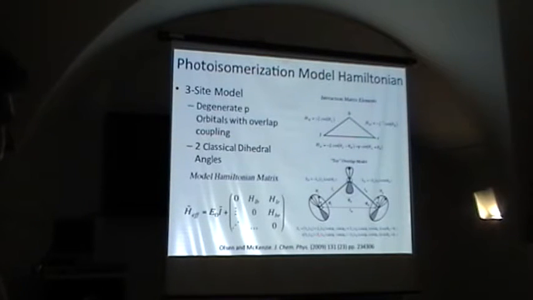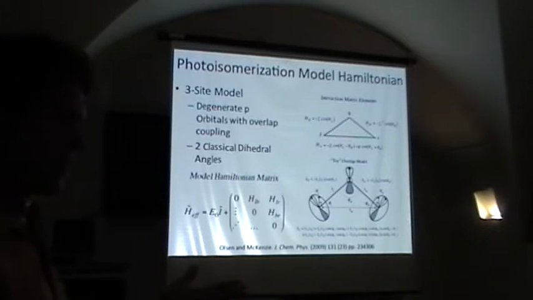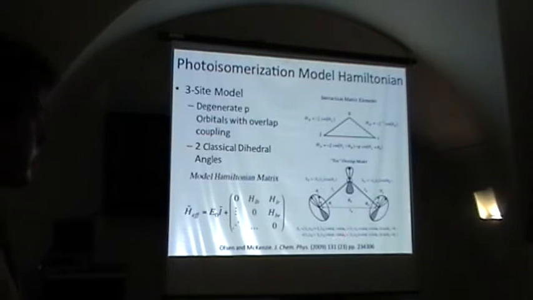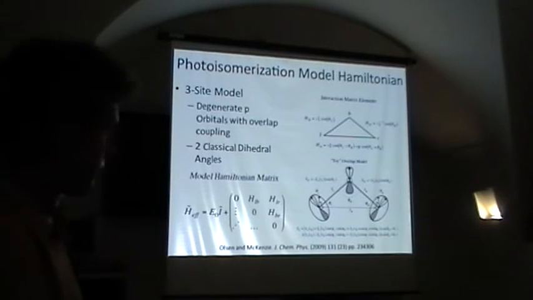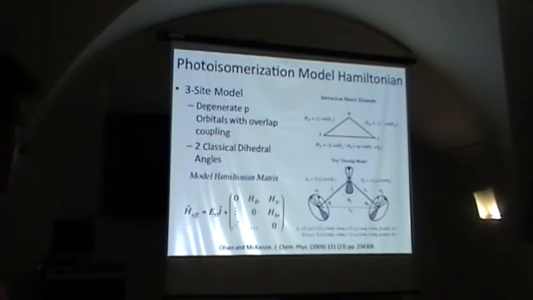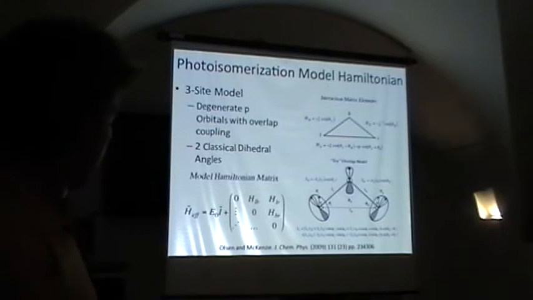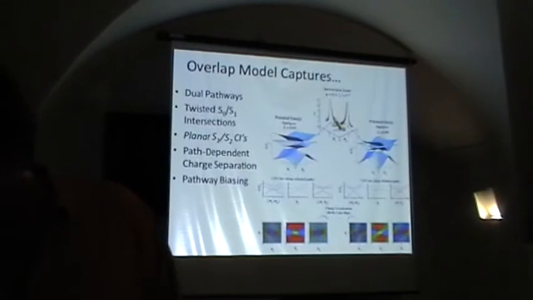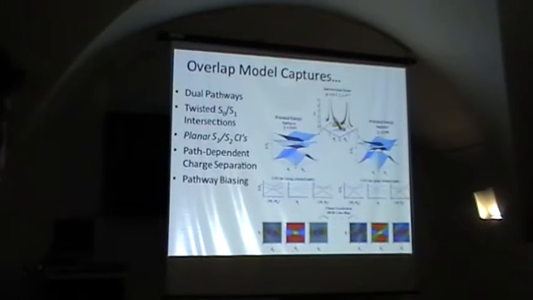Continuing with this perspective that you should have a reduced model to describe the general physics, if you take a 3-state Hamiltonian, which for simplicity let's assume to be degenerate on the diagonal, and you parameterize the couplings according to overlap arguments, which are a traditional approximation for valence bond type methods, you would come up with this model Hamiltonian. It's 3 by 3. We know the analytical solution, so we can study what happens.